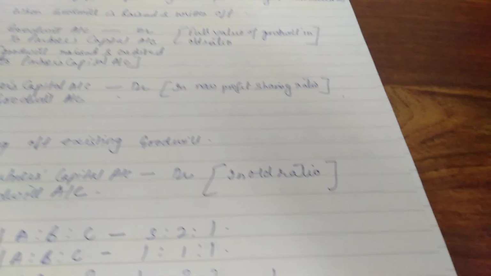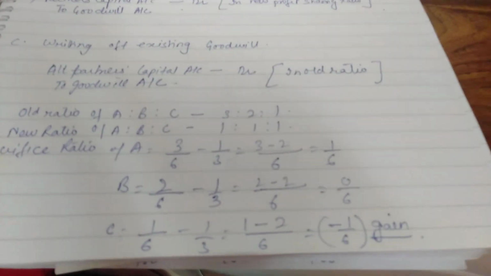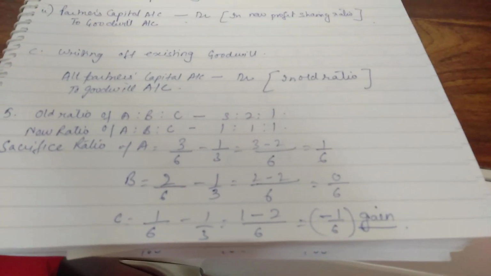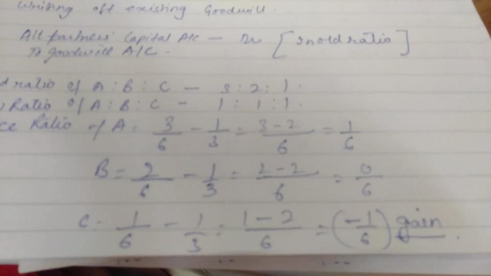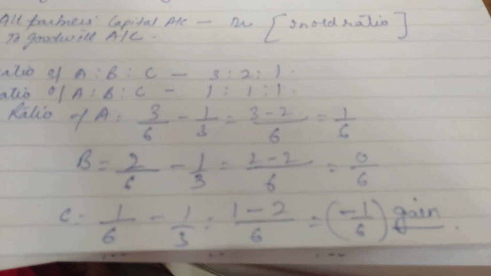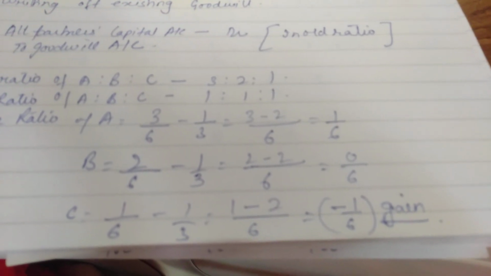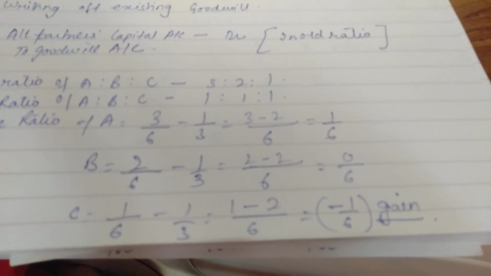So see, I have calculated: old ratio 3:2:1, new ratio 1:1:1. Sacrifice of A, B, C is 3/6 minus 1/3, 2/6 minus 1/3, 1/6 minus 1/3. It comes to A sacrifice 1/6, B nothing, 0, C is gaining, minus 1/6. So what is our entry?